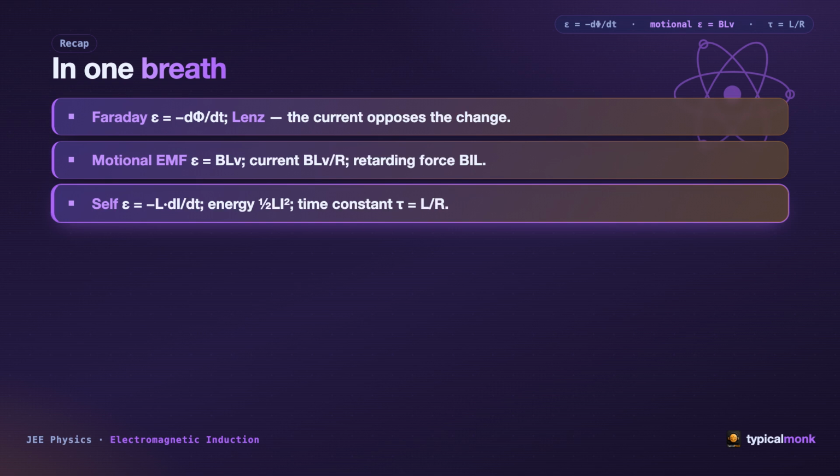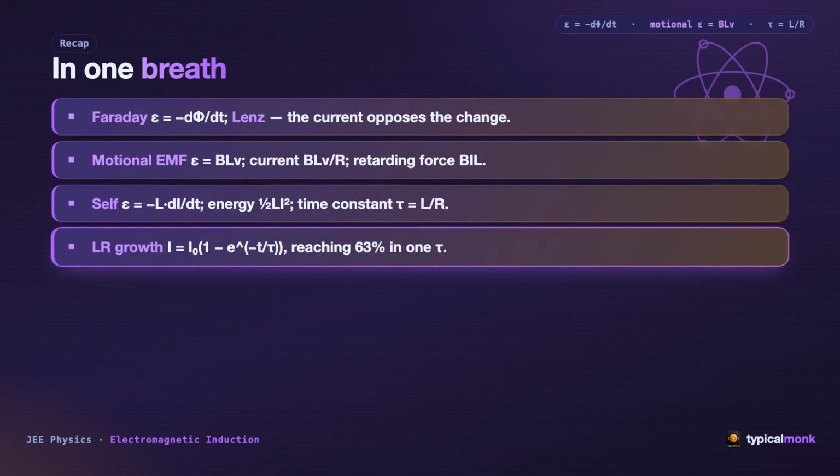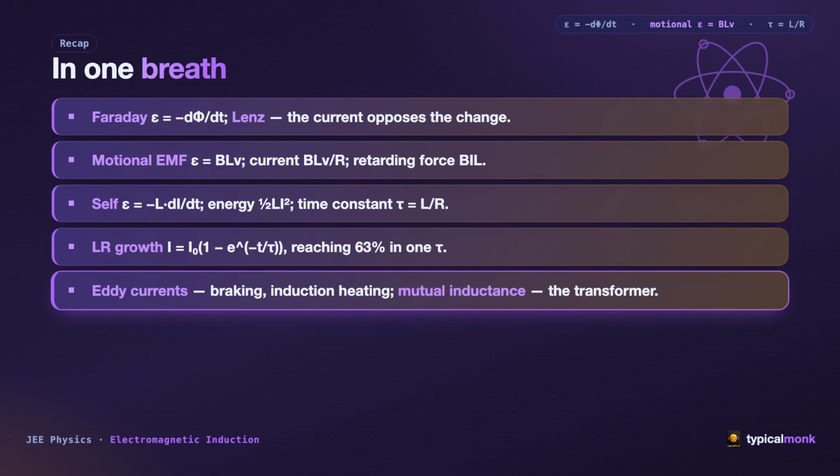The energy is 1/2 Li squared. The time constant is L over R. The LR growth, I equals I naught times bracket 1 minus e to the minus t over tau, reaching 63% in one time constant. Eddy currents, used in braking and induction heating, and mutual inductance, the heart of the transformer.